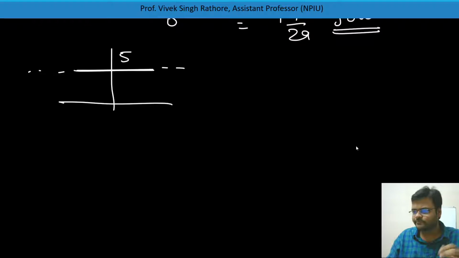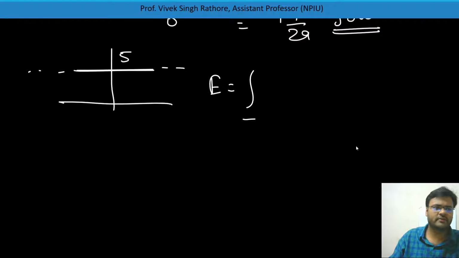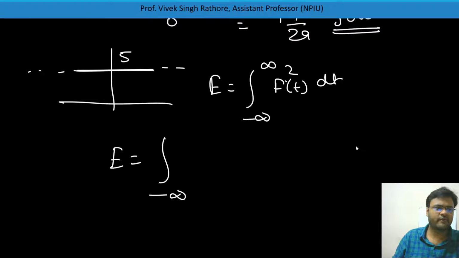So let's see. Energy formula: integral from minus infinity to infinity of f(t) square dt. This was the formula. So E is equal to the integral from minus infinity to infinity, because the values are from minus infinity to infinity, and constant value 5, and we need to square it and dt.